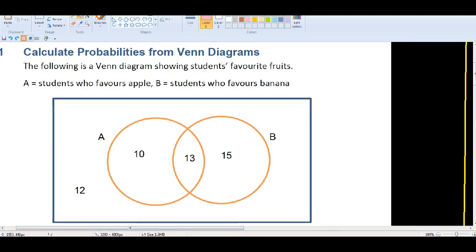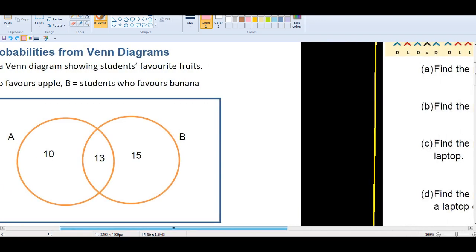To find the probability, first you need to know how many are the total. A little bit of review on the idea of probability: for a certain event E, the probability of E is equal to the number of favorable outcomes divided by the total number of outcomes.